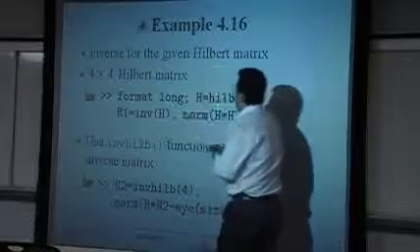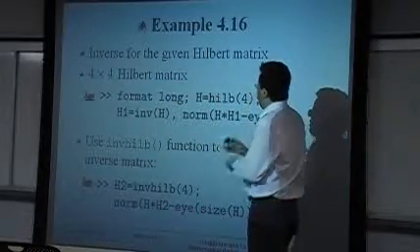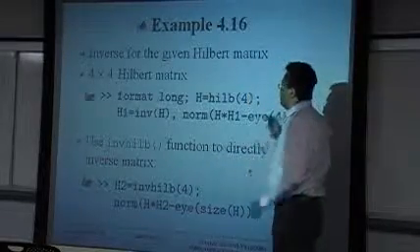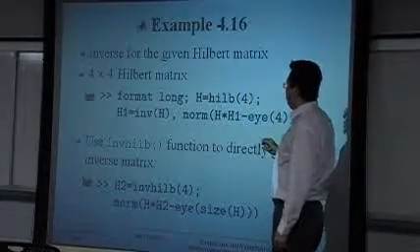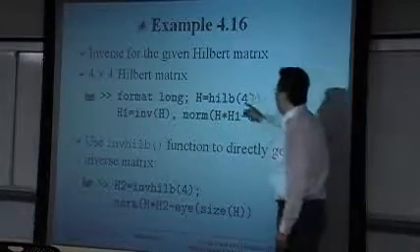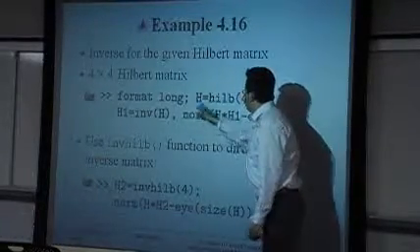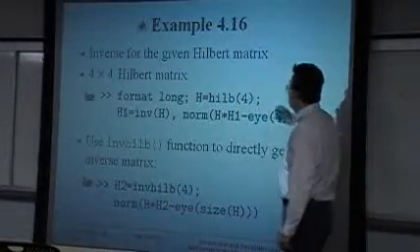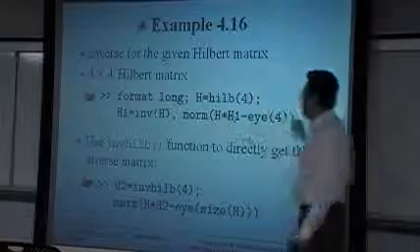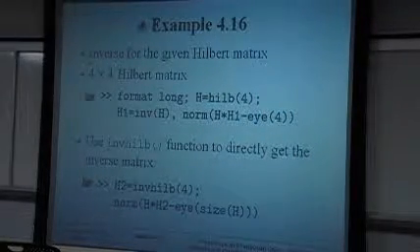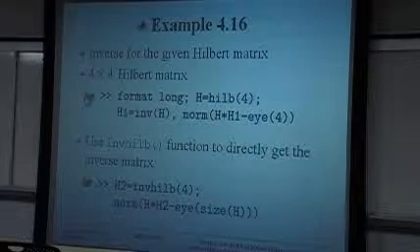How can we validate the result? If we multiply H1 by H, it should be an identity matrix. So we can take the error here: H times H1 minus the identity matrix, this should be the error. So we can find the norm of it. First, we can find what is the inverse.